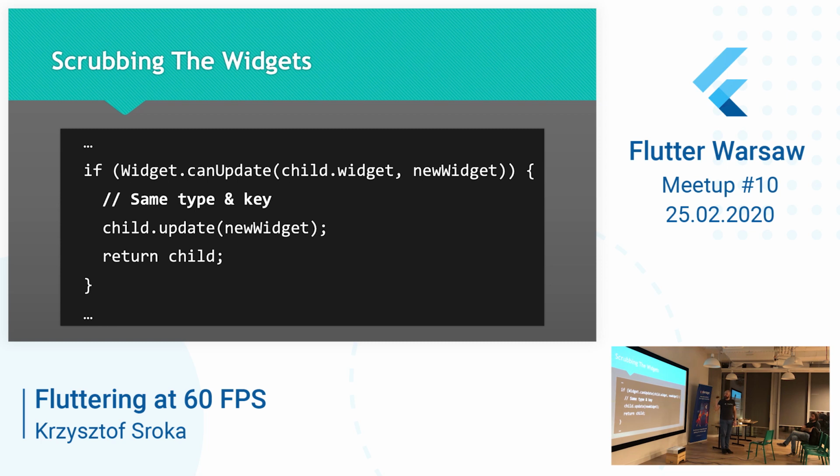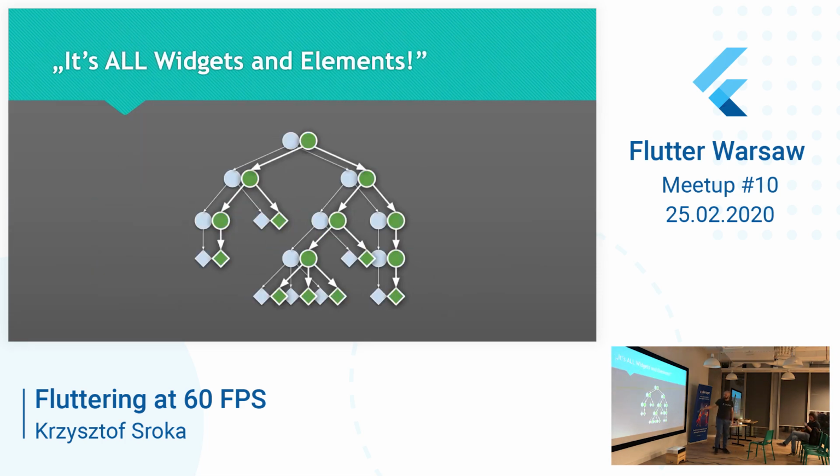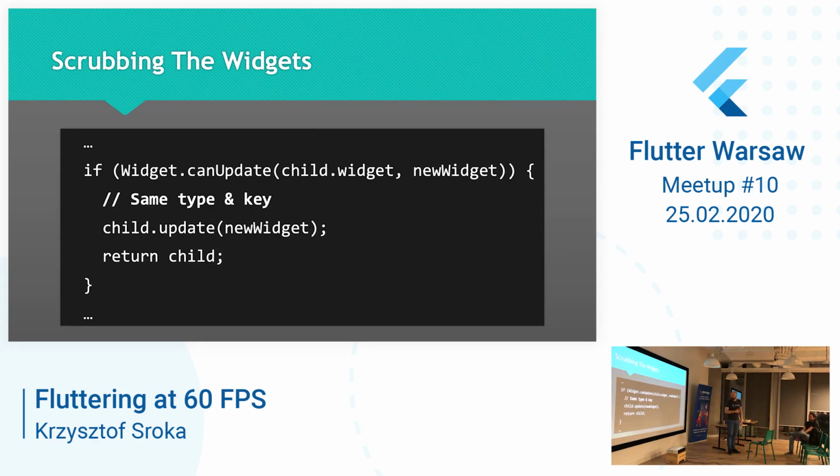Now, if the widget is different, actually the instances are different, we check if we can update one widget to another. So we have this element somewhere up in a tree, let's say here. And we see, oh, my widget changed. If a widget is of the same type and has the same key, the child gets updated.